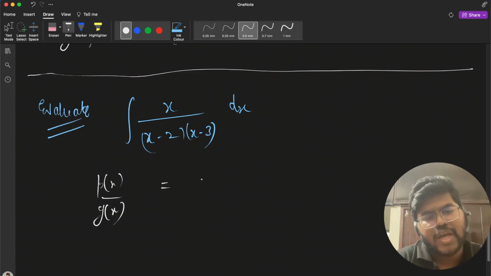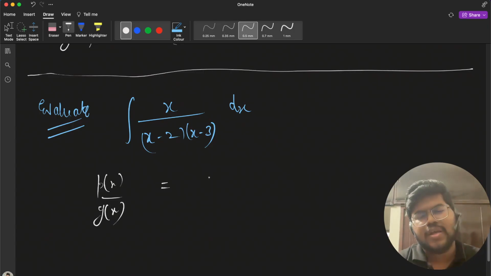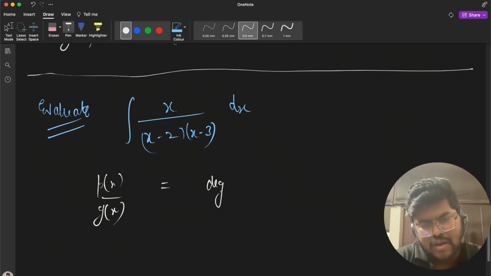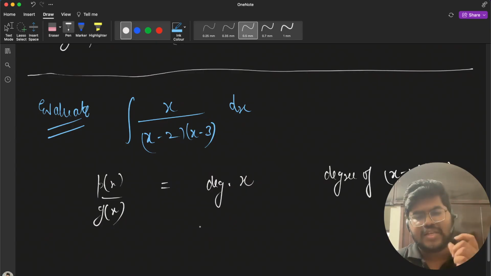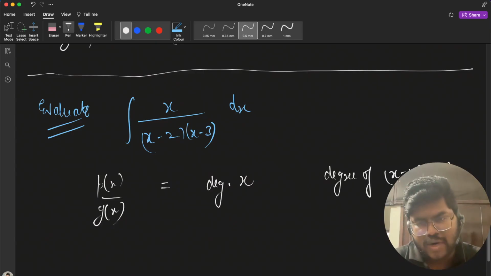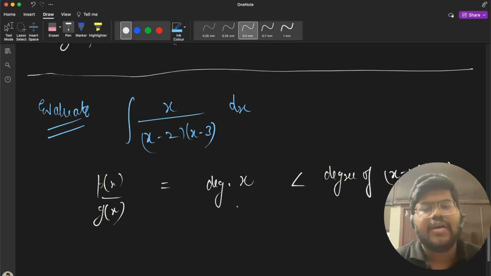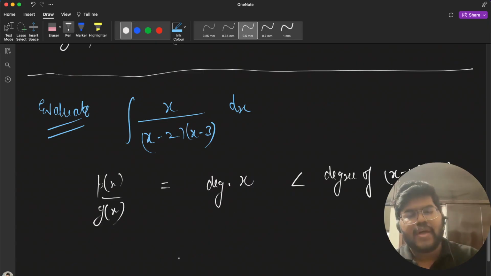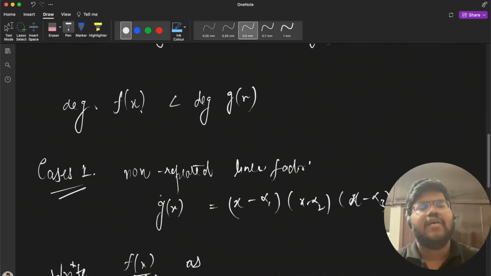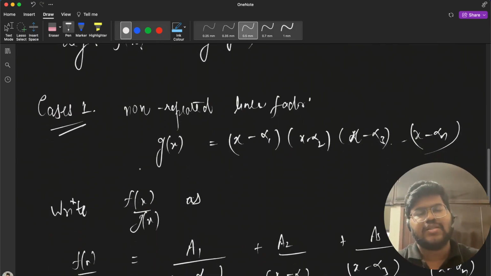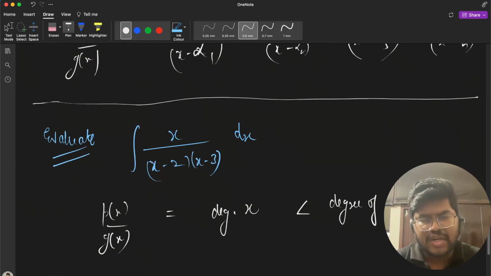We have to check the degree of p(x), that is x, and the degree of (x minus 2) into (x minus 3). It is clearly seen that the degree of (x minus 2)(x minus 3) is greater than the degree of x. So the degree of p(x) is less than the degree of g(x), and we can directly apply partial fractions. If the degree of f(x) is less than the degree of g(x), we can proceed, and here also we have linear factors.